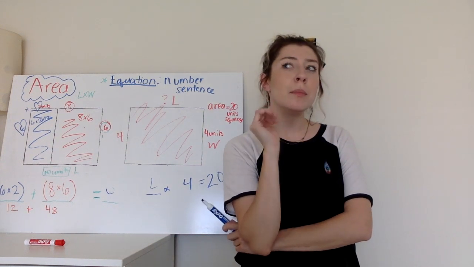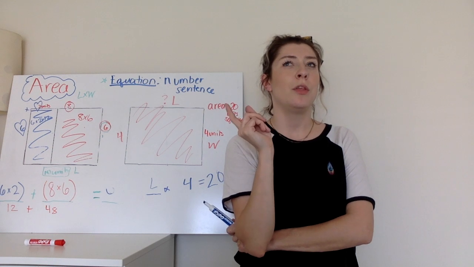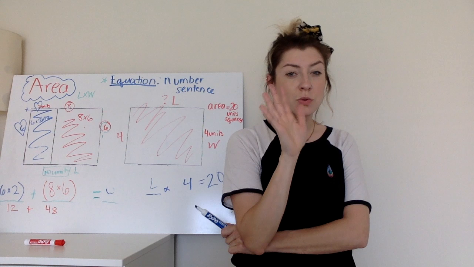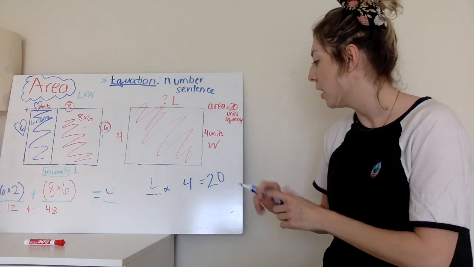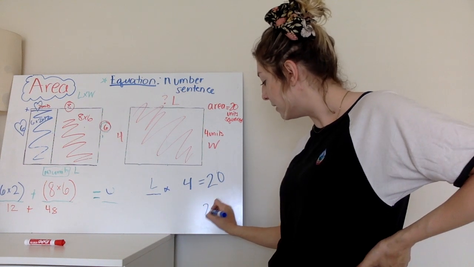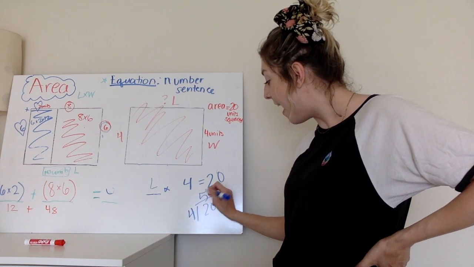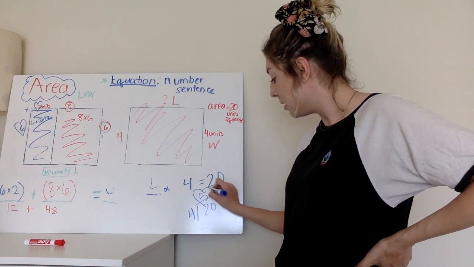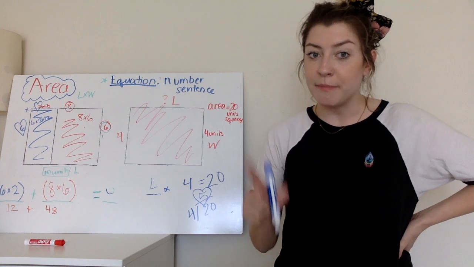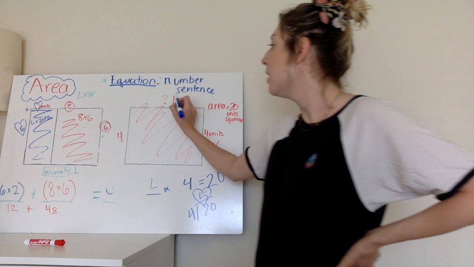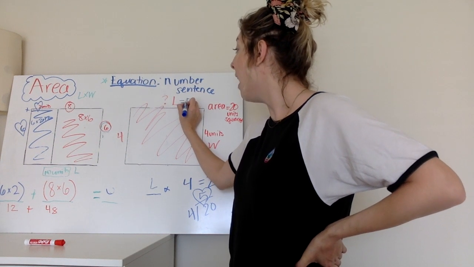If we're multiplying, division is the opposite of multiplying. So let me try something. What if I take 20 and divide it by 4? I get 5. So, if my math is correct, which by the way it is, length is 5.